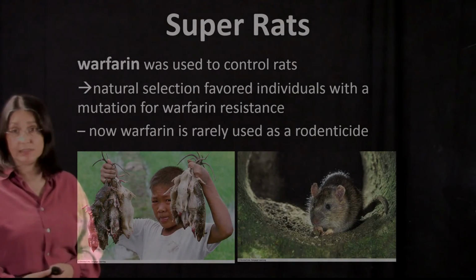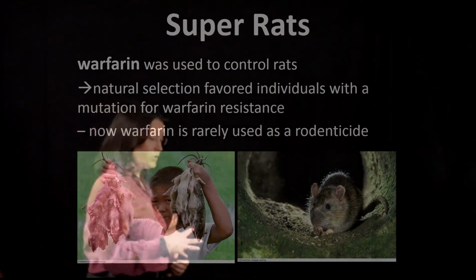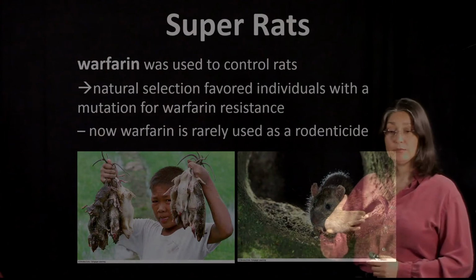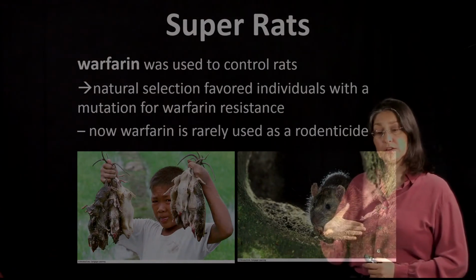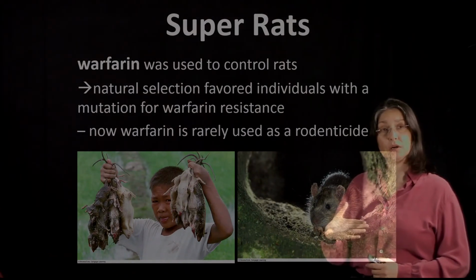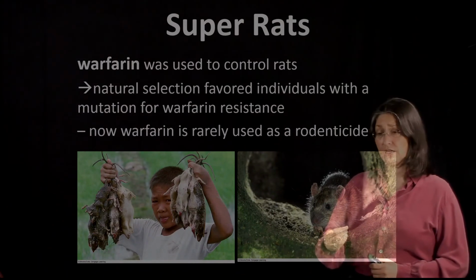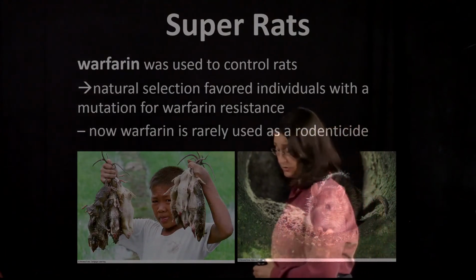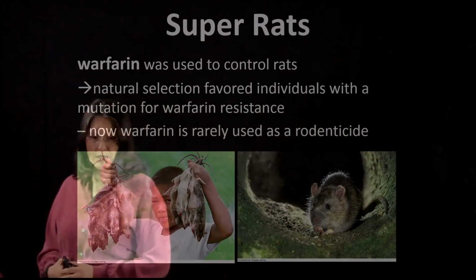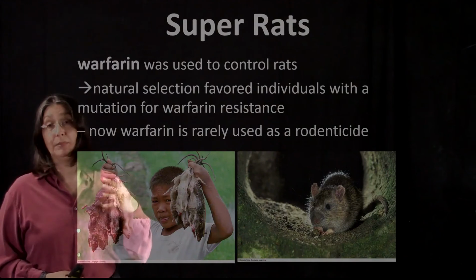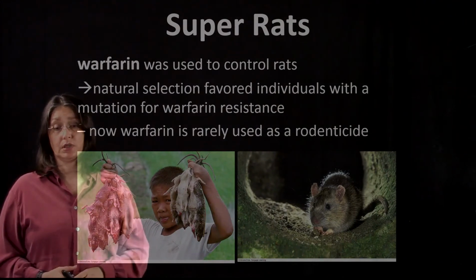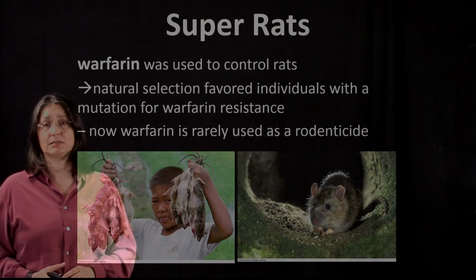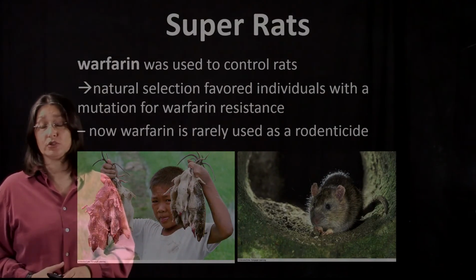This is an interesting example, and different versions of your textbook have taken the time to look into various concepts of superbugs, in this case super rats, and so on. I find this an interesting story, referring to a chemical that is naturally produced by fungi on plants such as grasses, but also legumes.